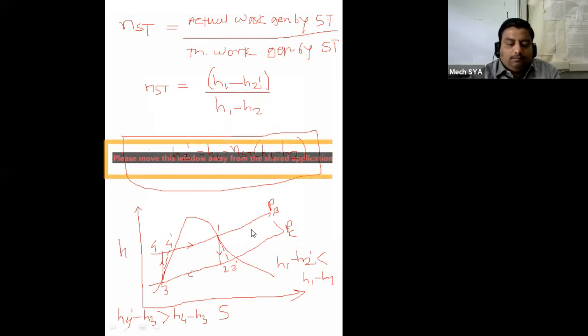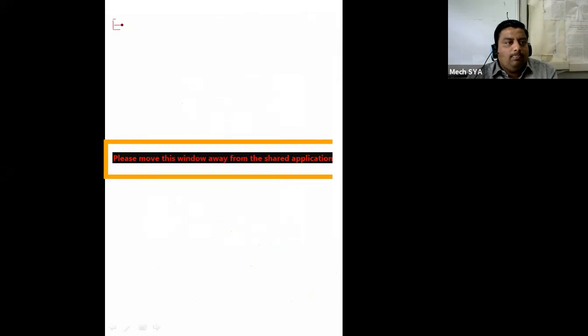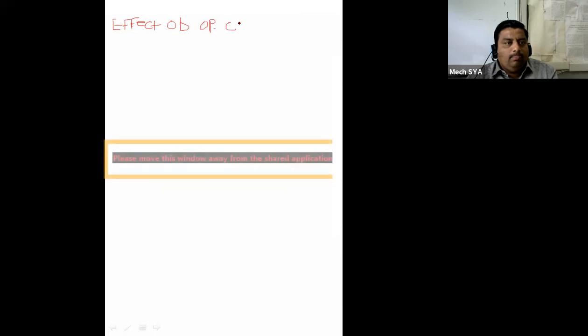Next, that is the effect of operating conditions on eta Rankine, Rankine cycle efficiency.